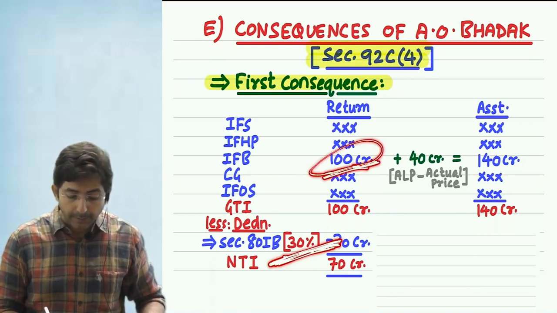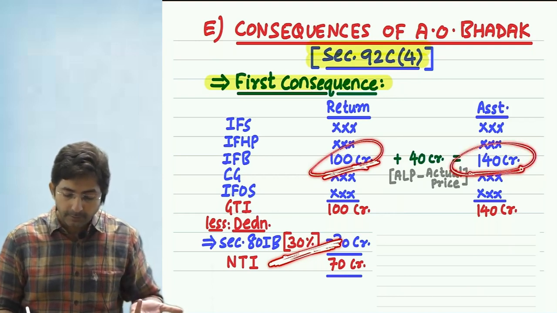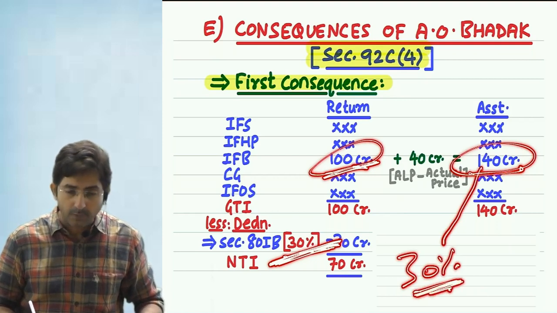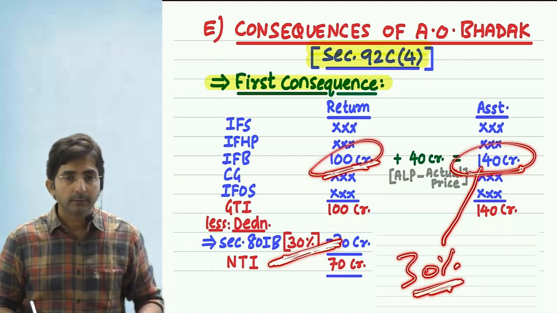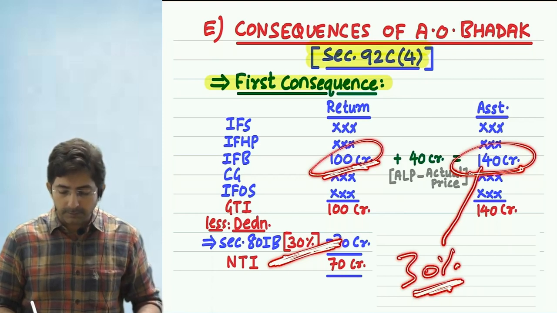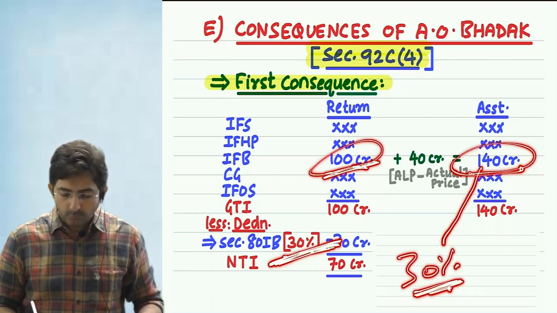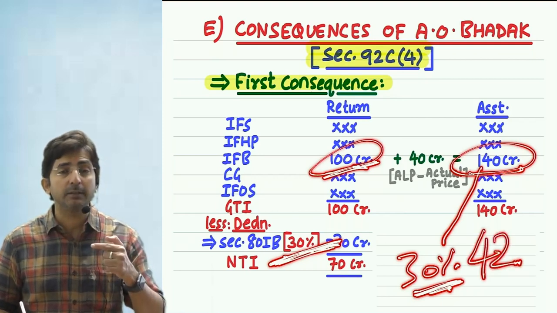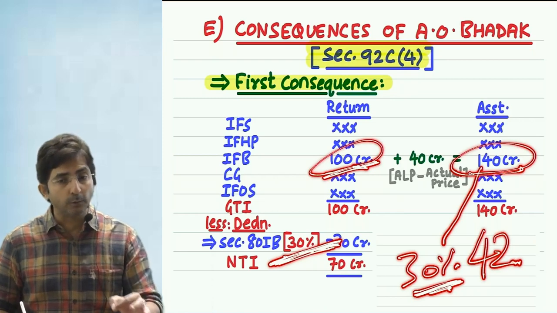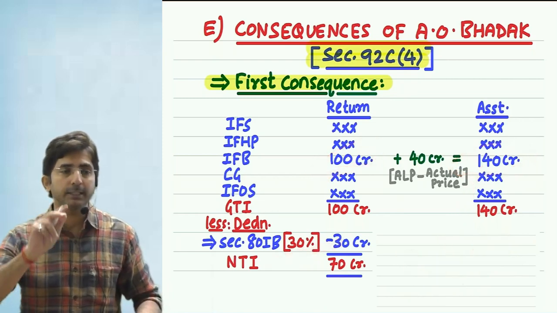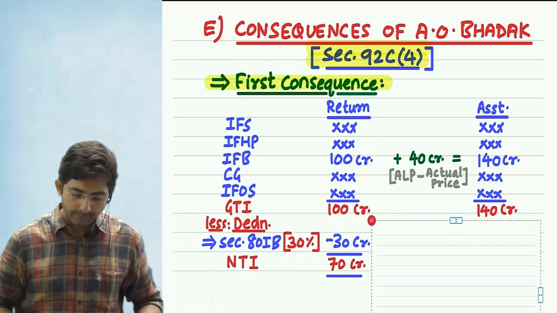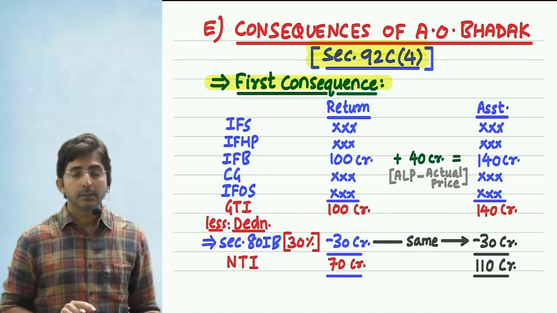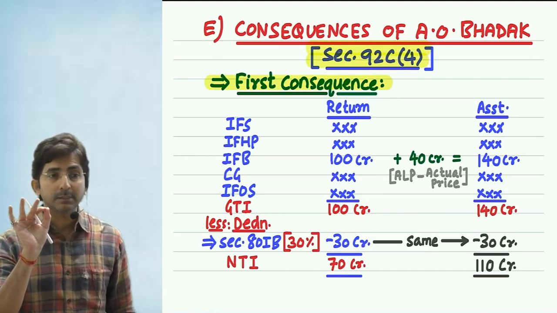That when this 100 crores itself has changed to 140, 30% of that will change now. Tell me, what is 30% of 140 crores? 42 crores. So the assessee expects that his deduction under section 80IB should be 42 crores. But it won't change. It will remain the same as 30 crores.